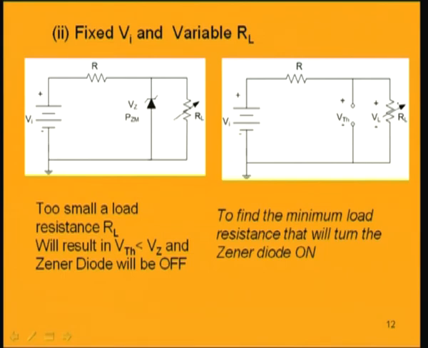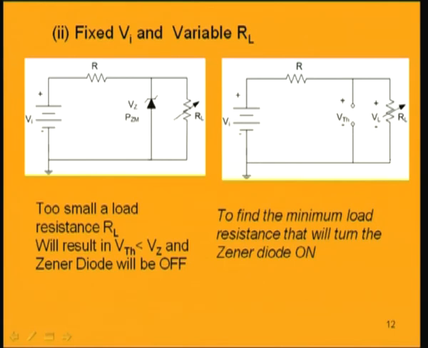Because you can change this load resistance, how much change can you make? What minimum value and up to what maximum value can we change the load for the Zener diode to turn on, because there will be a range. You cannot go on arbitrarily changing the load resistance, because the first and foremost condition to be satisfied is that the open circuited voltage across the Zener diode must be greater than V Z. So, that will be putting a limit on R L.